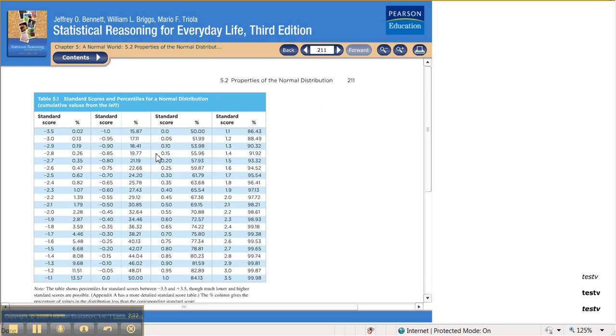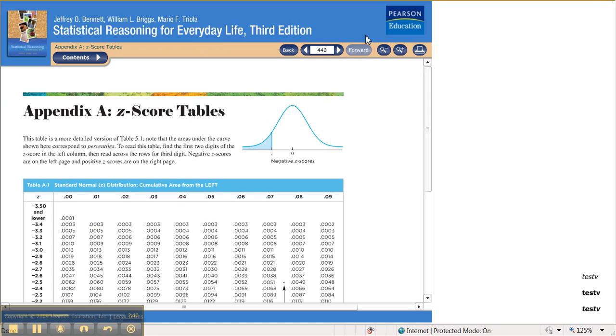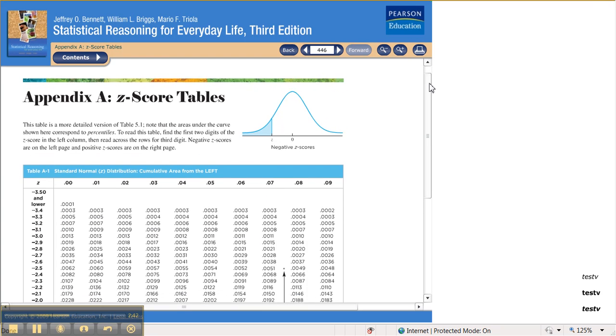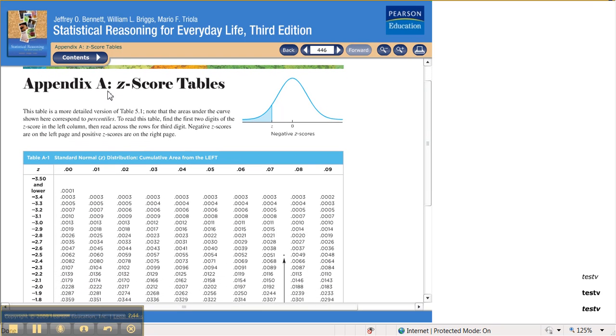Now if you want a little bit bigger table, we can go to page 446 in the back of the book. If you go into Appendix A, you'll see the z-score table gives us the area to the left of z-values. There's a little picture here showing this. We'd put our z-value on there.